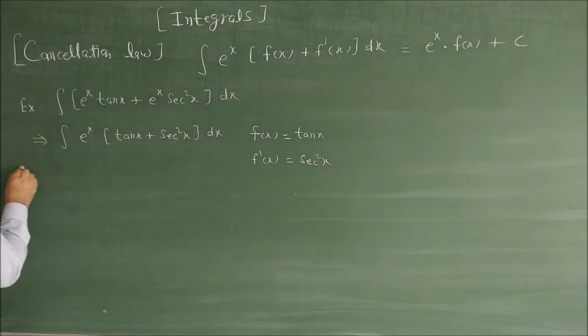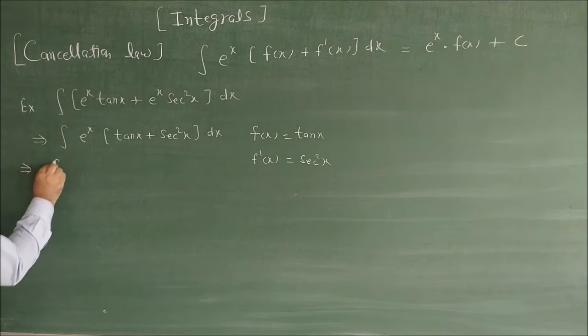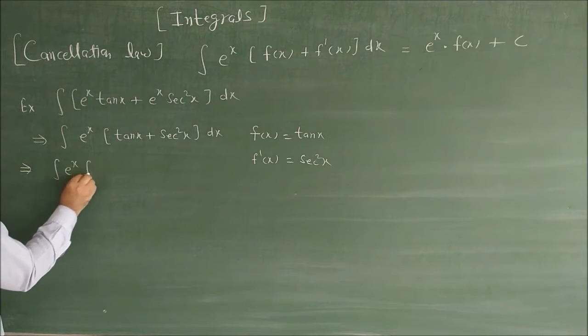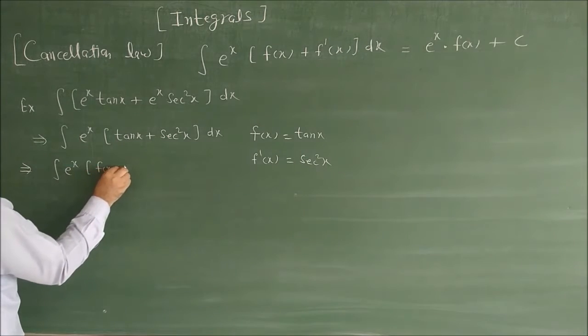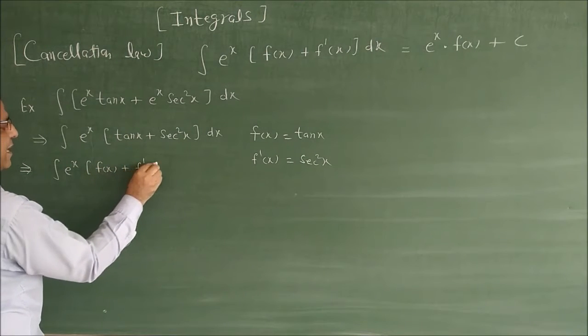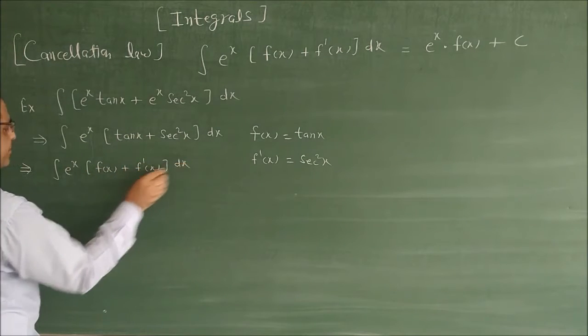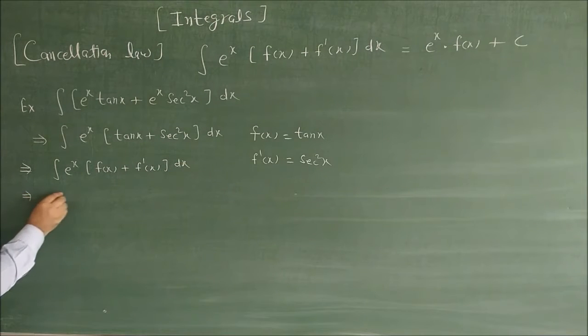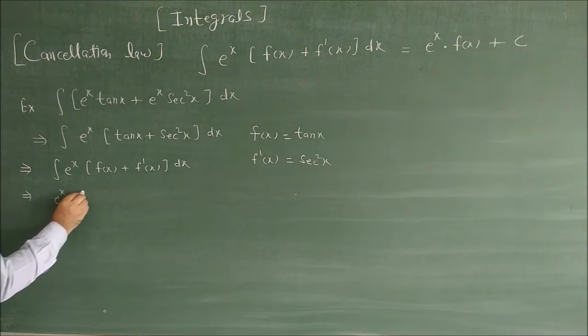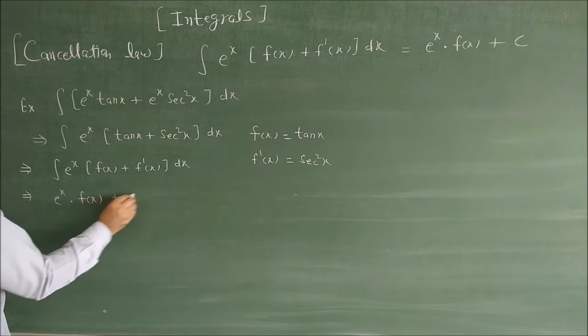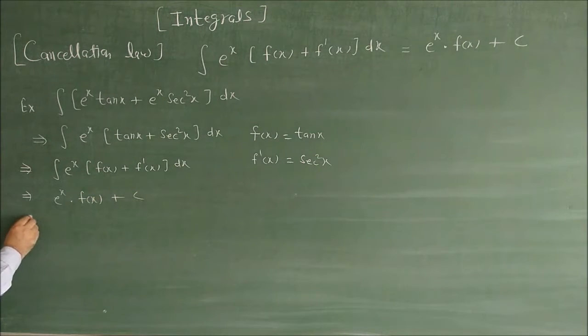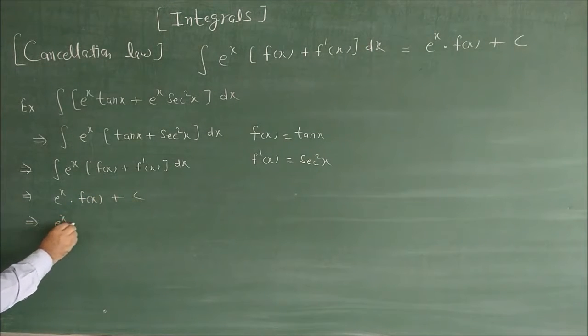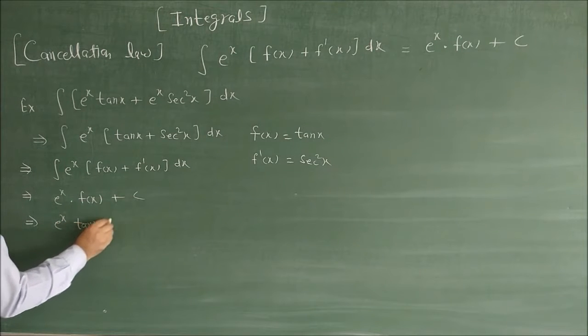So now we come back to the question. The question becomes e to the power x [f(x) + f'(x)] dx, which is equal to e to the power x into f(x) plus c. So e to the power x tan x plus c.